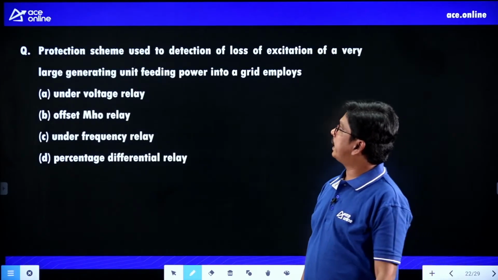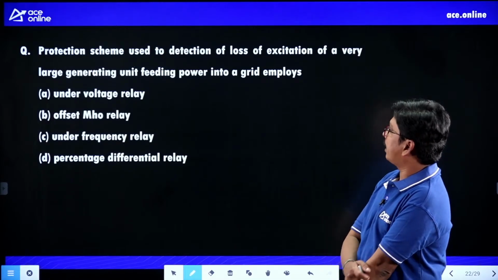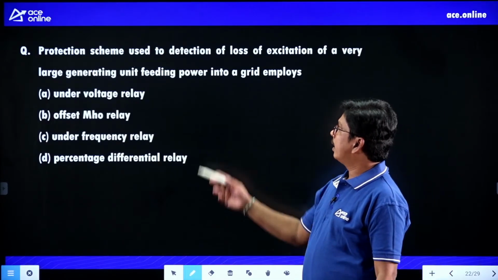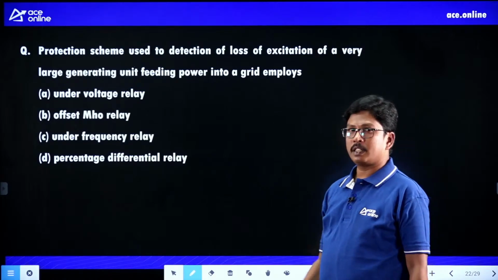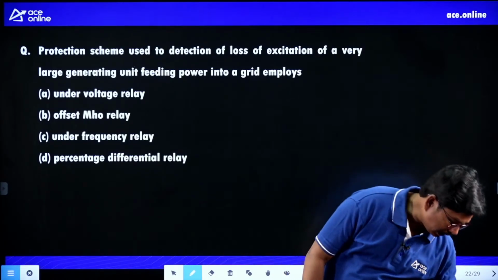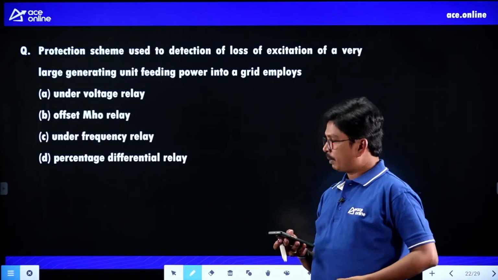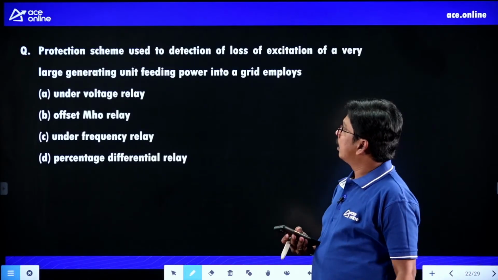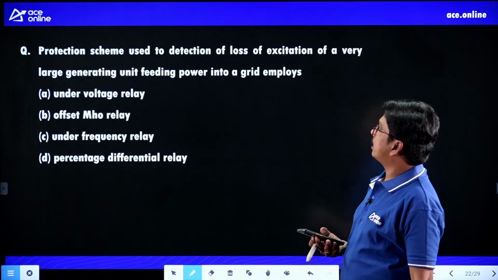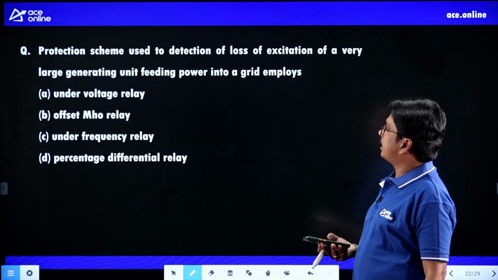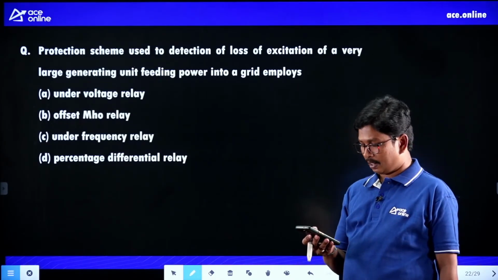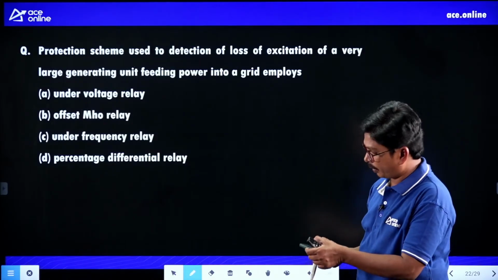Protection scheme used for detection of loss of excitation of a very large generating unit feeding power into a grid implies. It's a previous GATE question, students, so please go through that question. Protection scheme used to detect the loss of excitation of a very large generating unit.